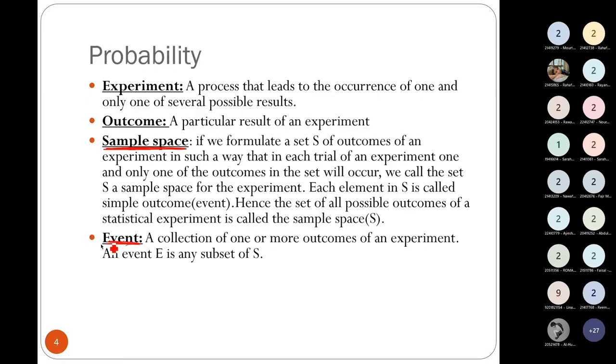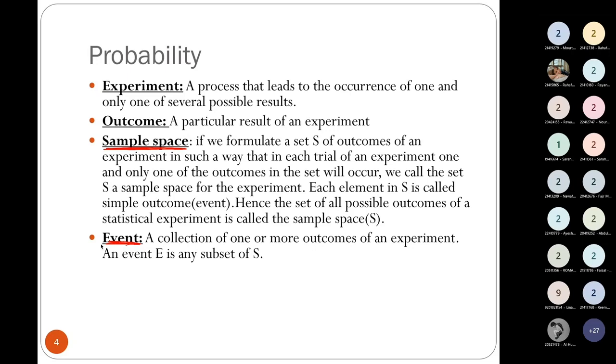The event is when we select some elements or some outcomes from the sample space. For example, the event is an odd number appears. Odd number, we have maybe 1 or 3 or 5 from the experiment of rolling the die.